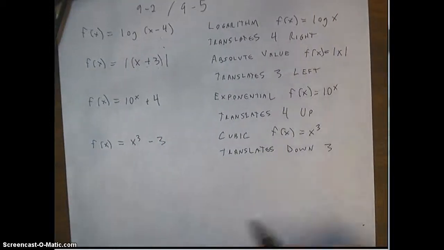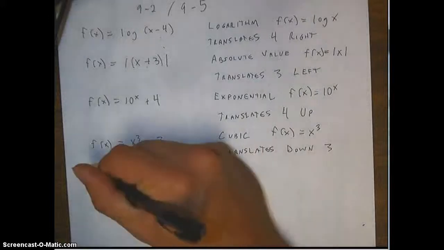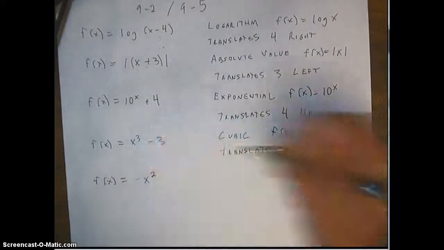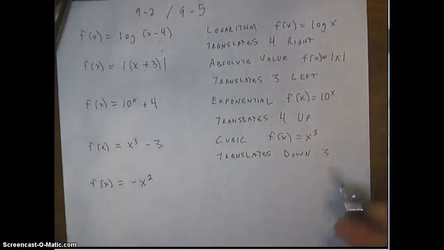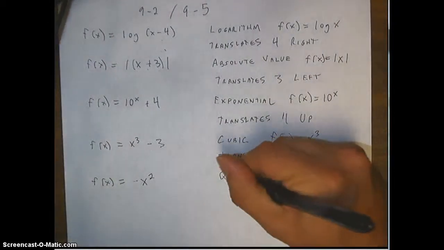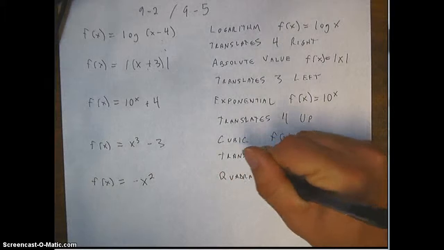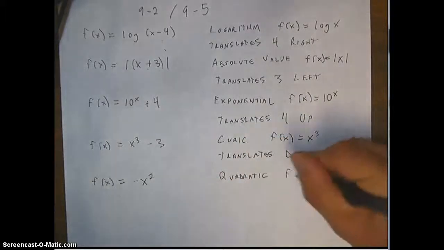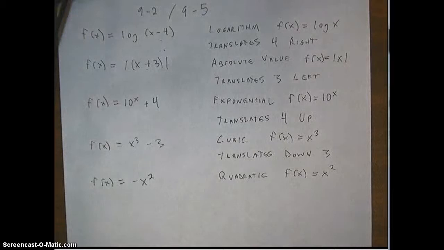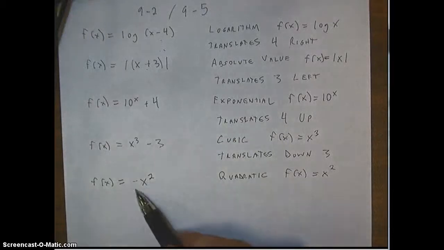The last thing that we learned on the second and third was this one. What kind of function is that? Well, x squared, that's quadratic. Which is f of x equals x squared. And what's that negative do?